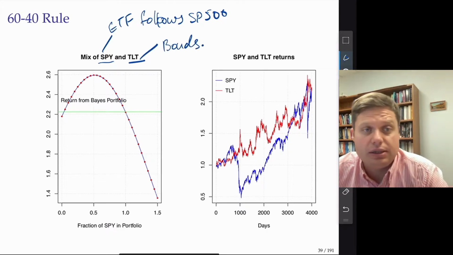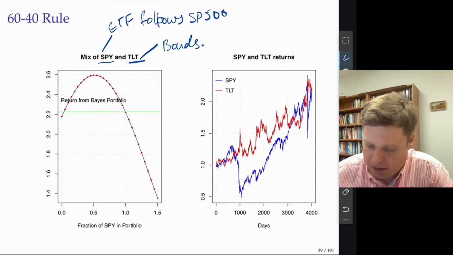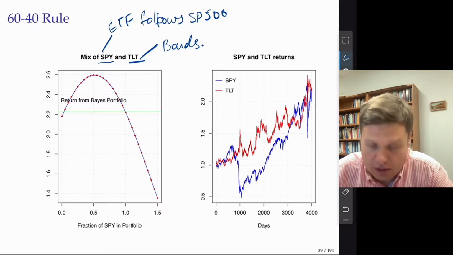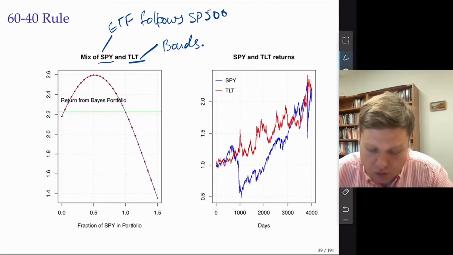TLT is considered to be safe and predictable. S&P is basically the average stock market. If you want to split your money between stocks and bonds, what should be the split?